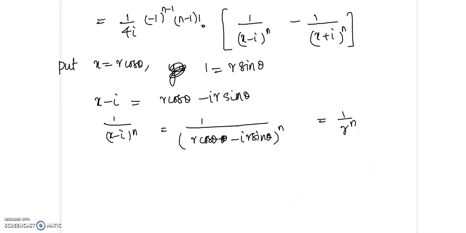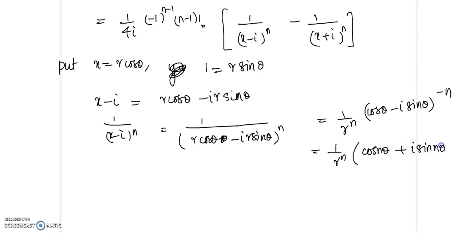Let's take the numerator first. So this will be cos theta minus i sin theta raised to minus n. So by de Moivre's theorem, cos of minus n theta will be cos n theta plus i sin n theta, and sin minus n theta will be equal to minus sin n theta.